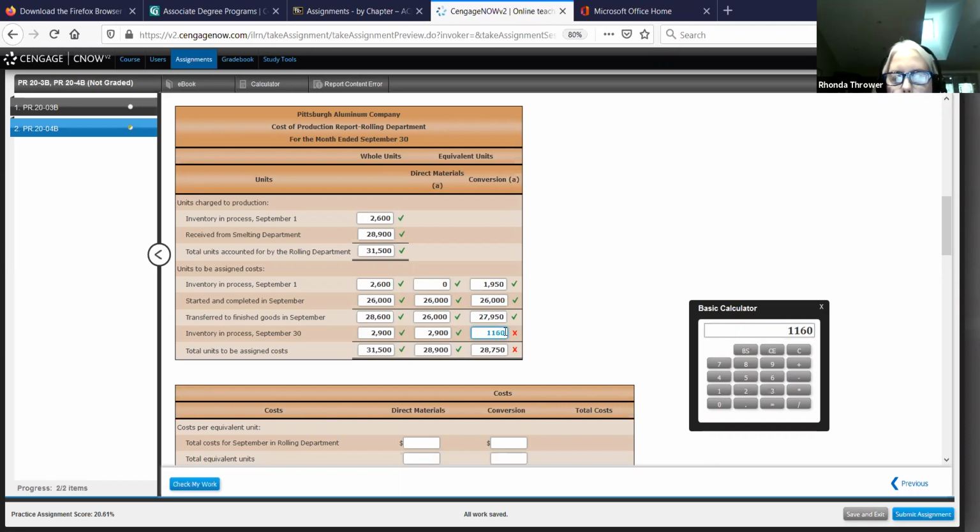So my math was wrong. And if this is wrong, this is going to be wrong too. So I'm going to add to that 27,950. And that's going to give you 29,110. Let's try to check the work again.